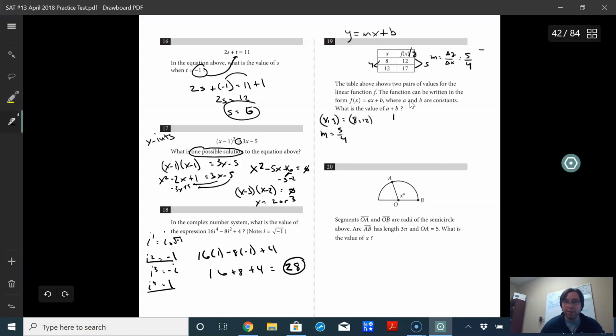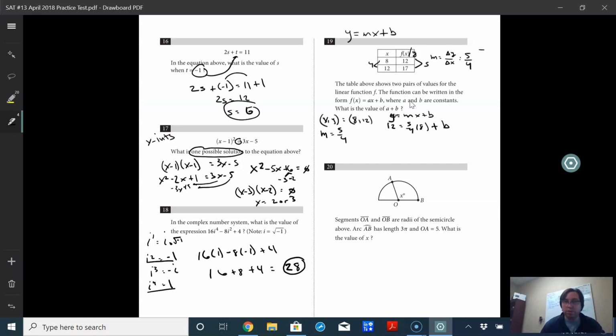So y equals mx plus b. Taking these values, we see that 12 equals 5 over 4 times 8 plus b.